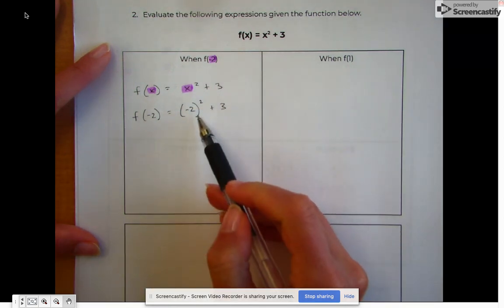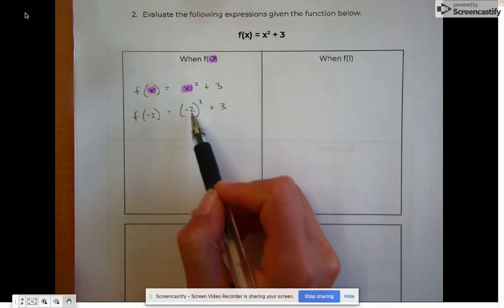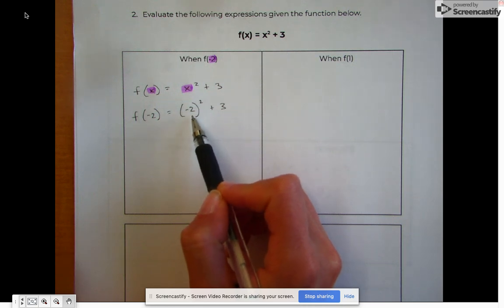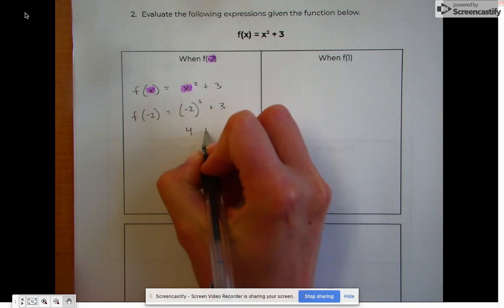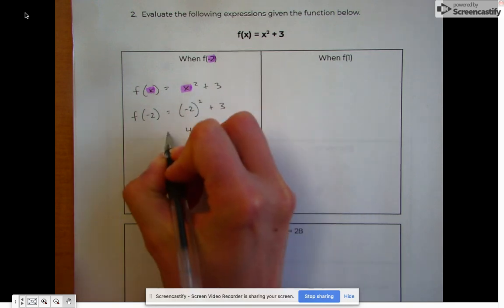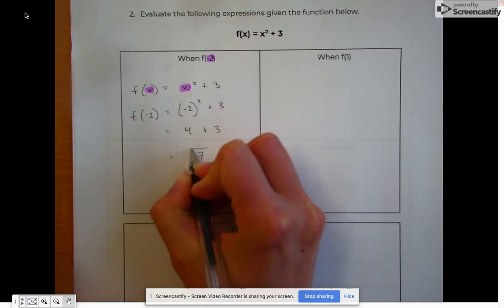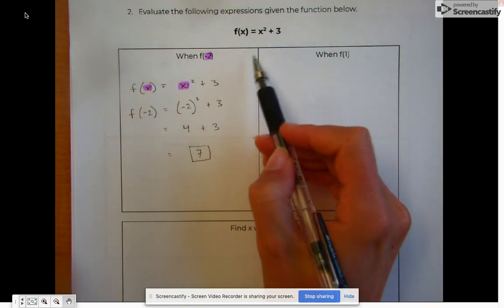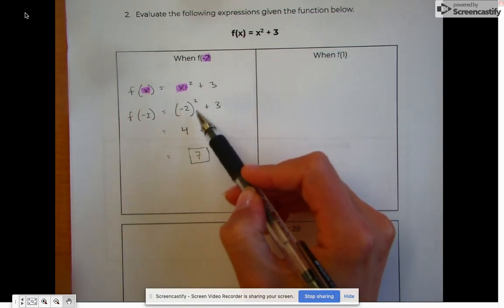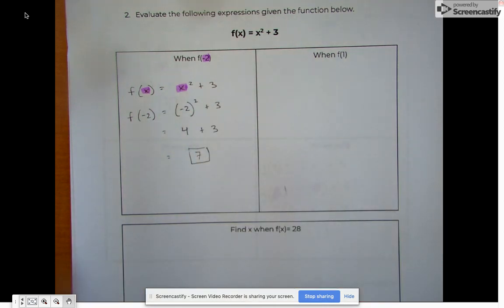Following PEMDAS, exponents come before addition. Negative 2 squared, a negative times a negative is a positive. So negative 2 squared is positive 4, plus positive 3 would give me positive 7. So even when you have an exponent in there, you can still evaluate the same way.